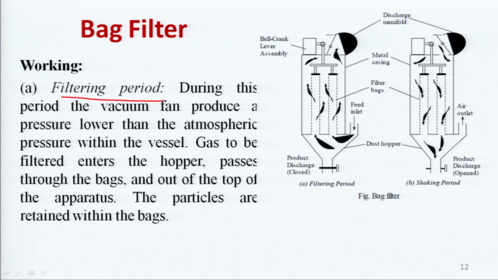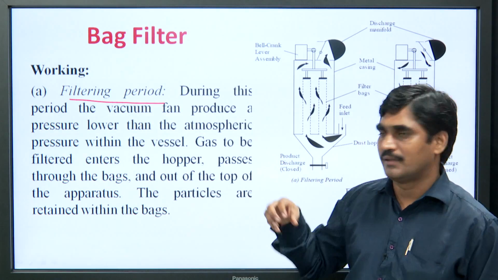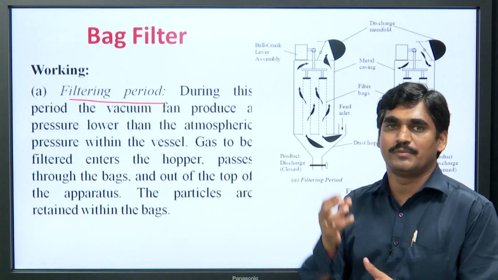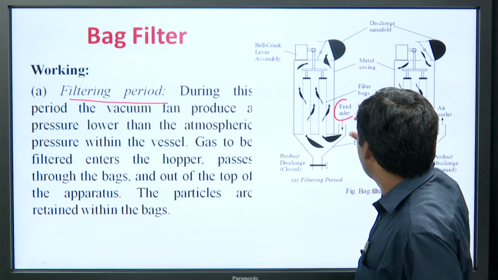So, during this period the vacuum fan produces a pressure lower than the atmospheric pressure within this vessel. Gas to be filtered enters the hopper, passes through the bags and out of the top of the apparatus. The particles are retained within the bags. So, this is the feed inlet.